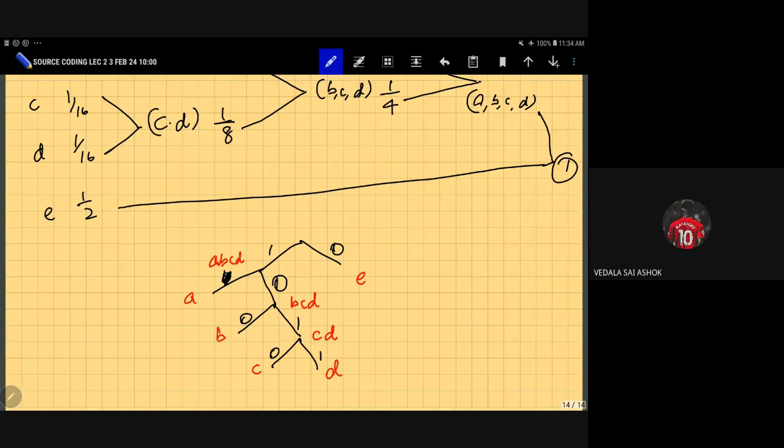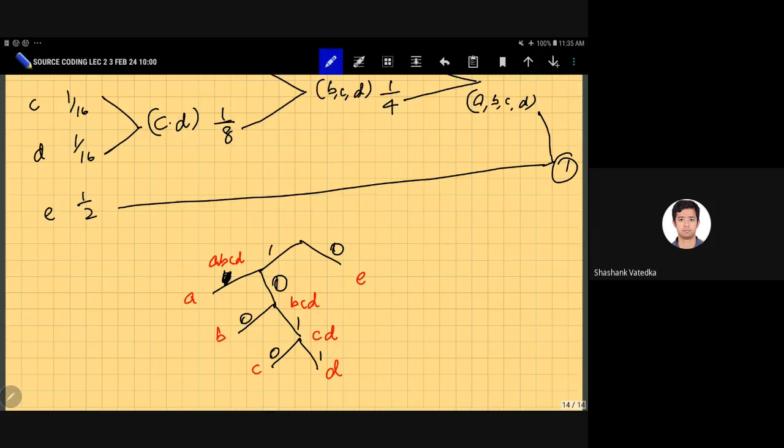Sir, you have mentioned at each stage we merge symbols with least probability. What happens if we have four 1/16s and one by 4 and one 1/2? Again, it doesn't matter. You merge any two symbols with the least probability.